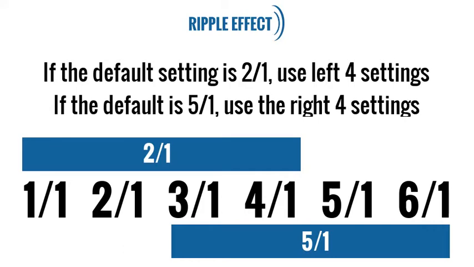When we get to the end of 6-1, we're going to start again at 3-1. Now, if we were using the shorter moves, when we get to the end at 4-1, we don't go to 5-1. We would start over again at 1-1. So we're basically rotating through these 4 settings. And once we get to the very end, we start over at the beginning, and we just keep going over and over and over again.